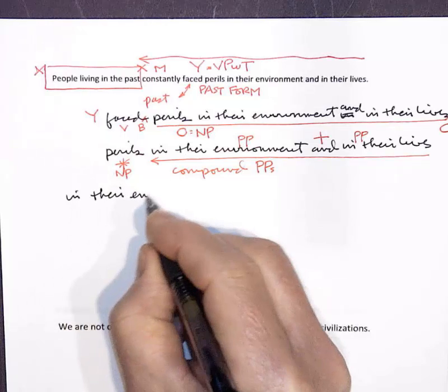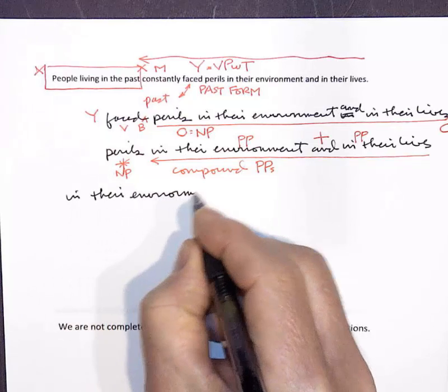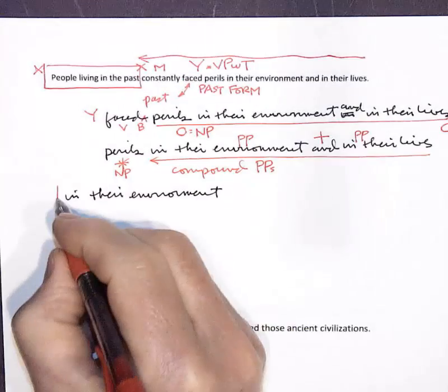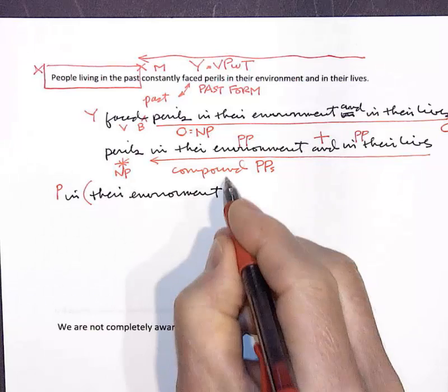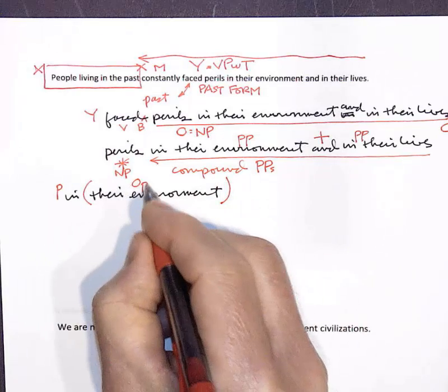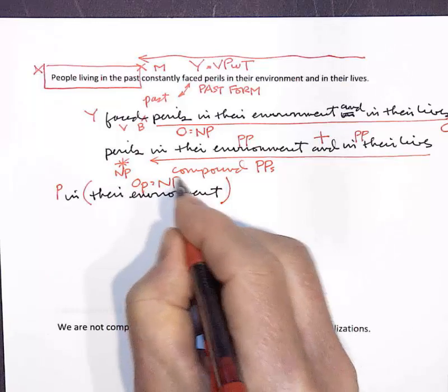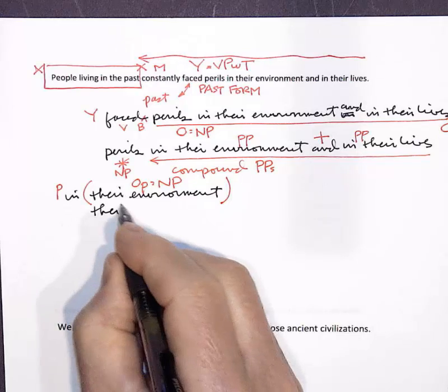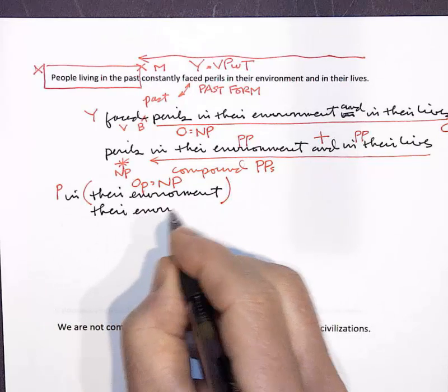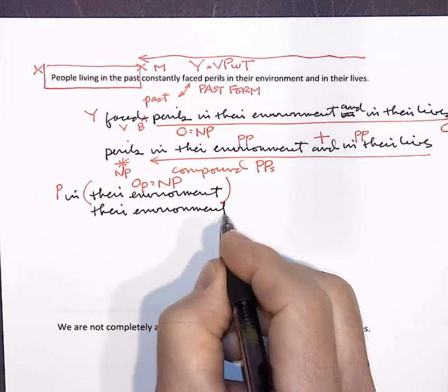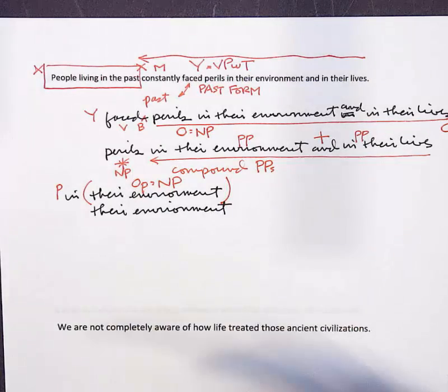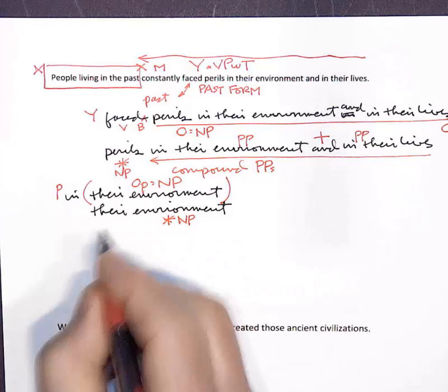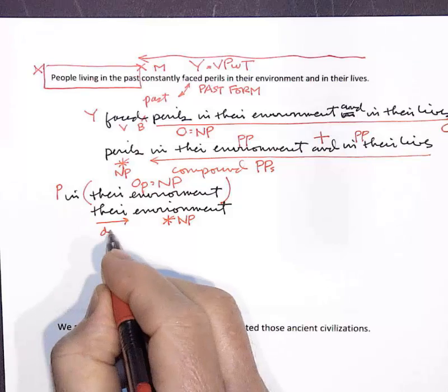In their environment, and we'll do this one first. Preposition. The object of the preposition is a noun phrase. The noun phrase, their environment. And environment is the head of the noun phrase, and there is a determiner.